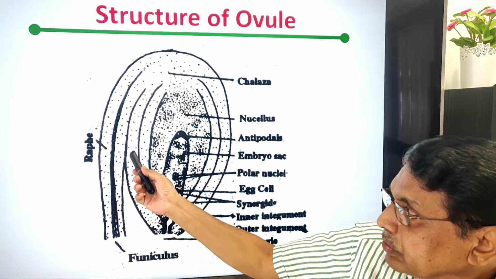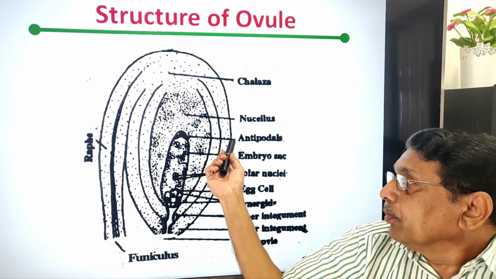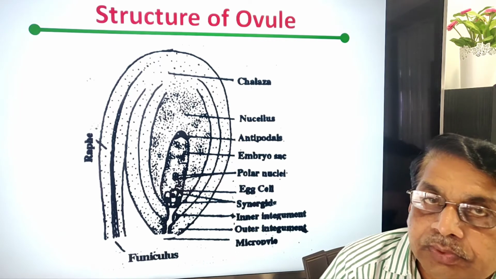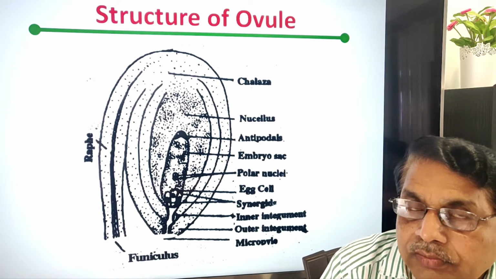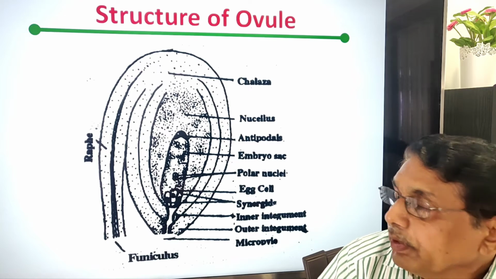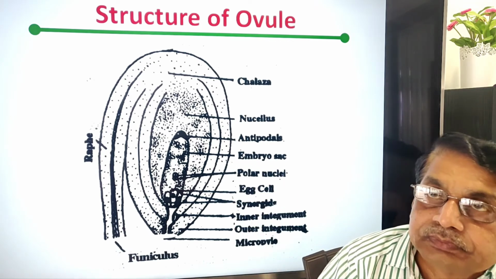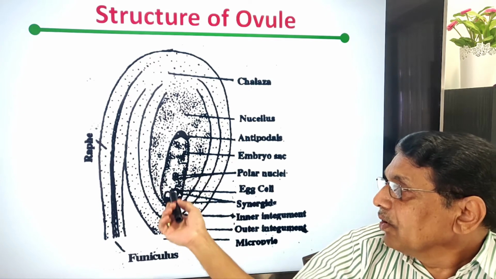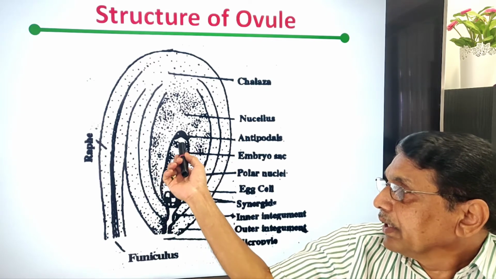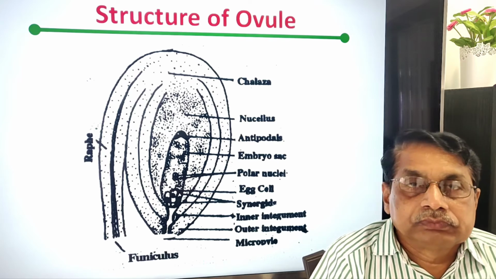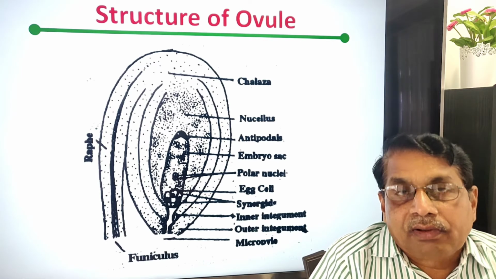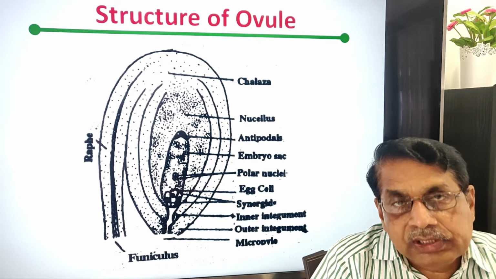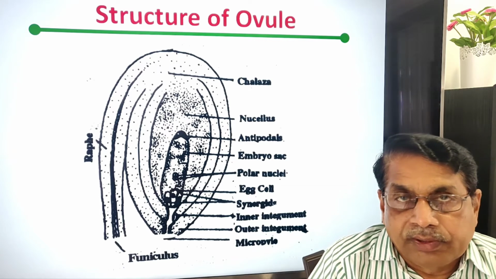Then these two are integuments, protective layers of the ovule, outer integument, inner integument. And inside this, embryo sac or female gametophyte develops. And how does it develop? That we will see following.